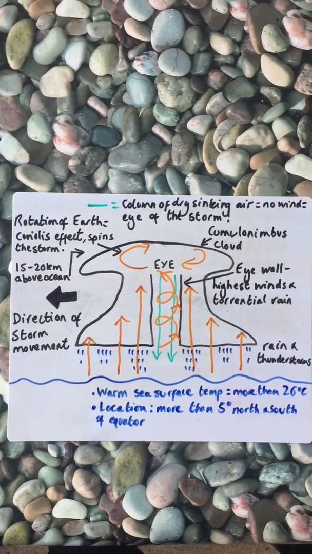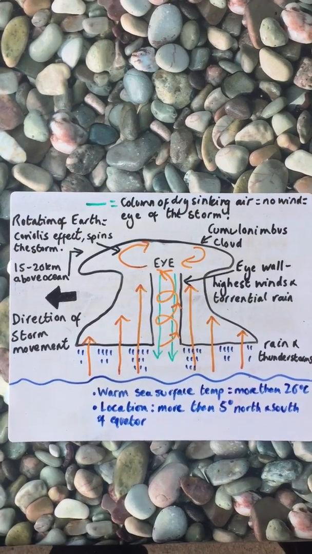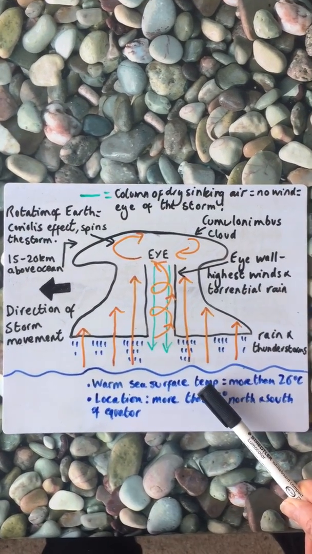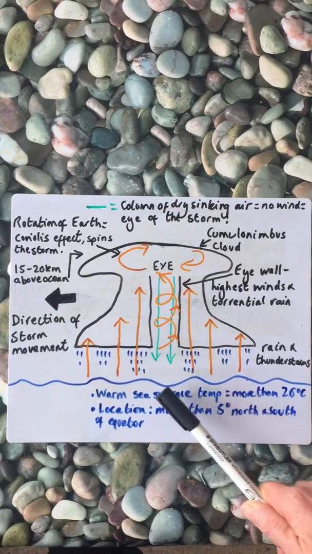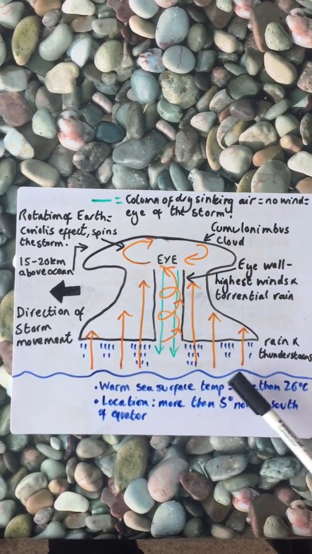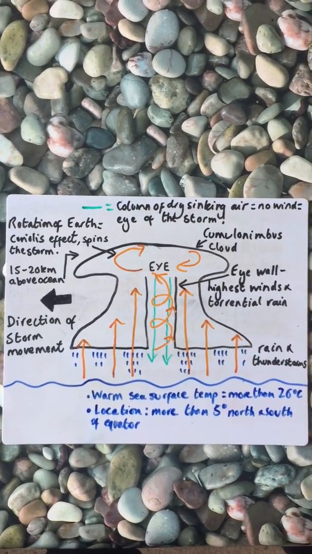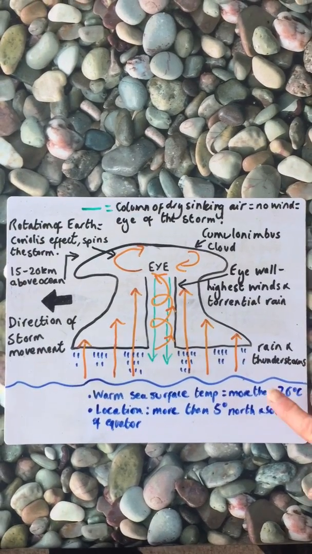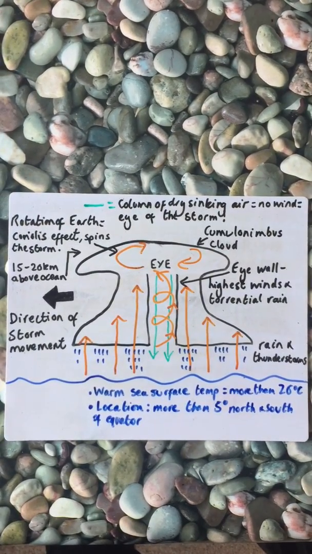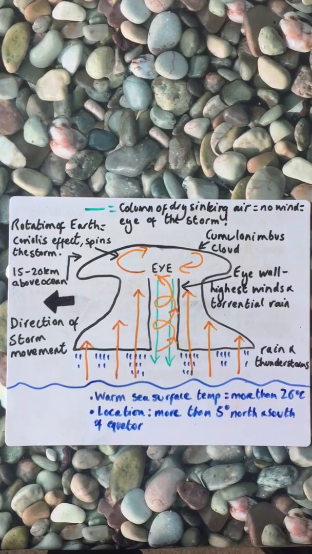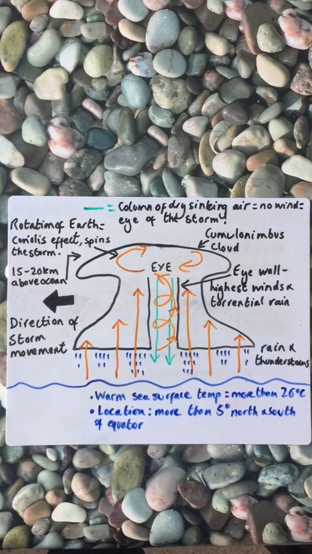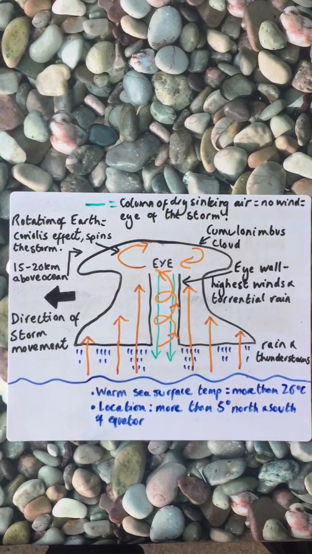So the first one, intense heat around the equator of the sea temperature here leads to evaporation of the warm seas. So this air contains a huge amount of moisture and gives energy fuel to the storm. Basically what this does is create the cloud.